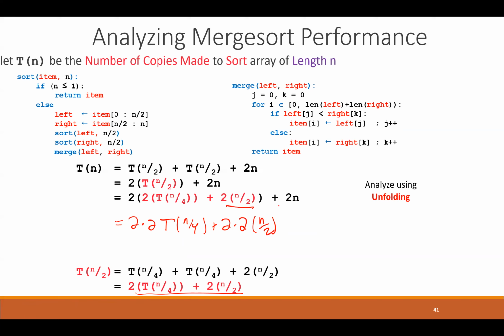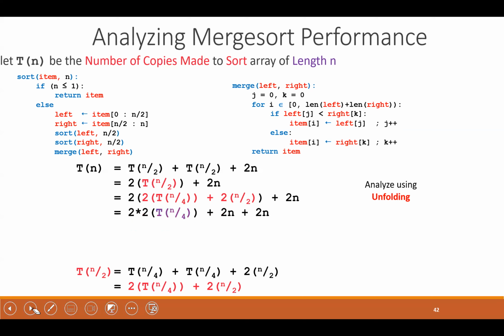That's here. And then I'm going to include this term here. Okay, if I multiply this out, well, this 2 and this 2 cancel out. So this is just left with n. Okay, so I have 2 times T of n over 4 plus 2n plus 2n. Okay. Questions? Okay.